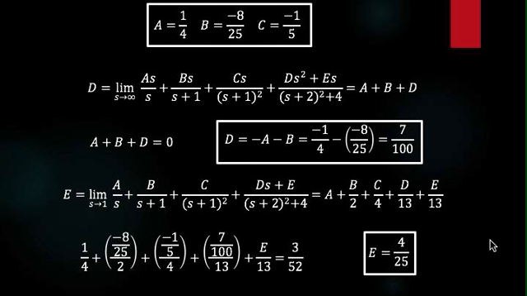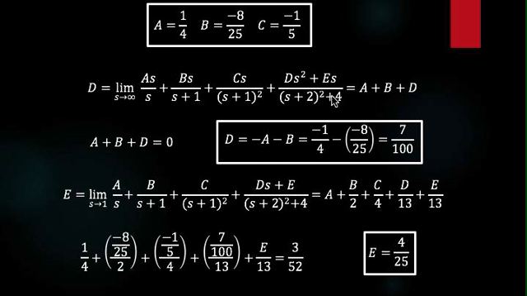For the last partial fraction expansion, we have these three constants resolved, and to resolve the next one, we put d as the limit when s tends to infinity of the function multiplied by s.